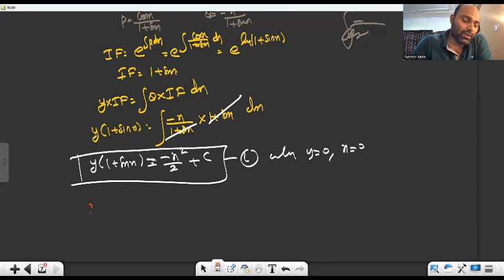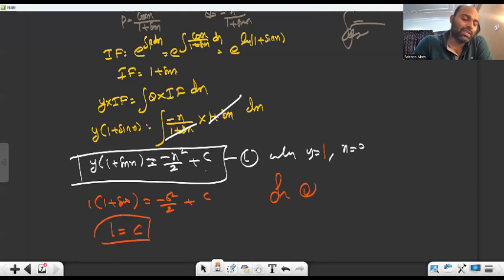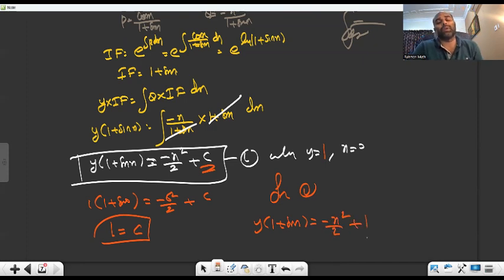When you're substituting, y value 1, x value 0: 1 into (1 plus sin 0) equals minus 0 square by 2 plus c. 1 equal to c. C value is 1. From 1, replace the c value. So y into (1 plus sin x) equals minus x square by 2 plus 1 is the required particular solution.